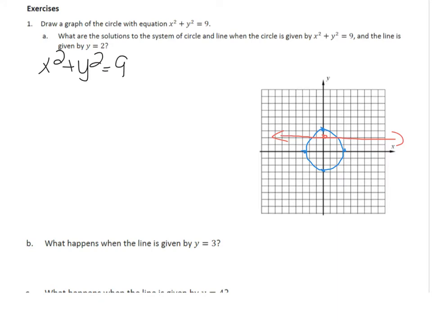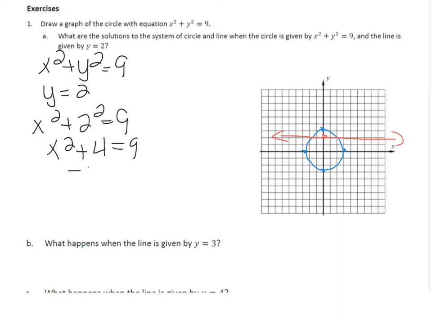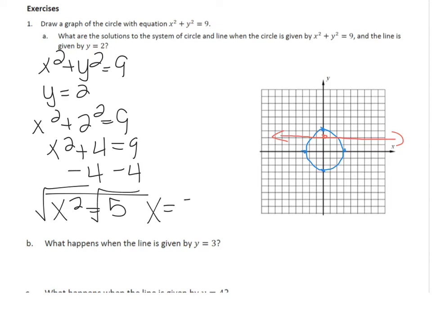And since y is equal to 2, we can plug it right in and we get x squared plus 2 squared is equal to 9, or x squared plus 4 is equal to 9. Subtracting the 4, we get x squared is equal to 5. So we take the square root of this, and we get x is equal to plus or minus the square root of 5.